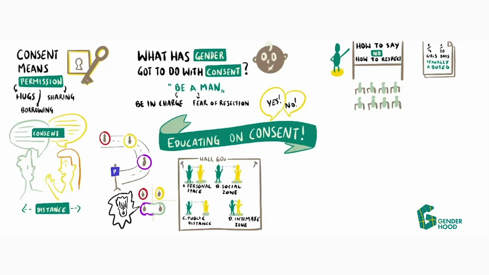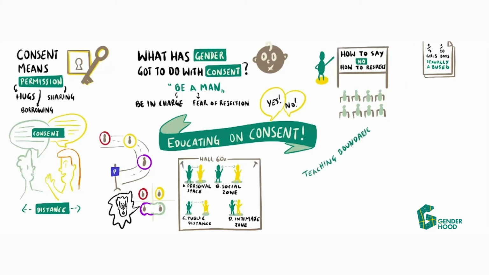Therefore, teaching young children about boundaries, both theirs and others, is crucial to a child's growing sense of self, their confidence, and how they should expect to be treated by others. A child growing up knowing that he or she has a right to his or her own personal space gives that child ownership and choices as to what happens to them and to their body.